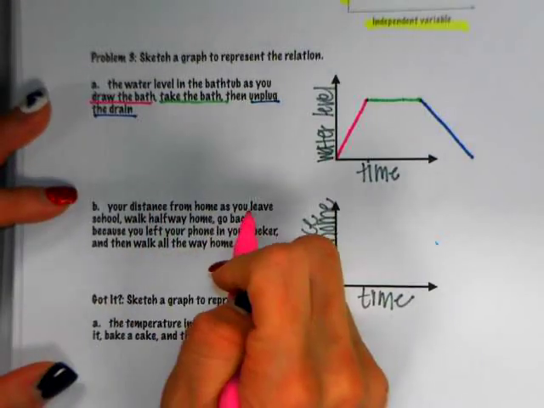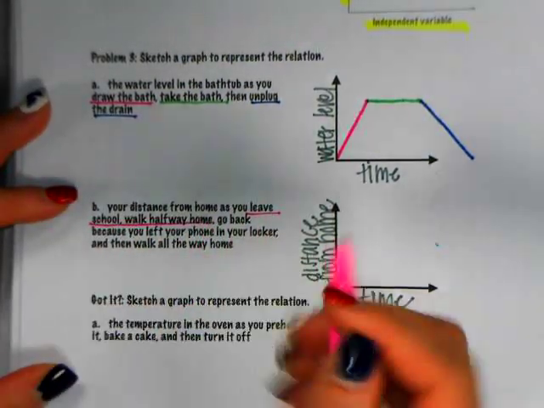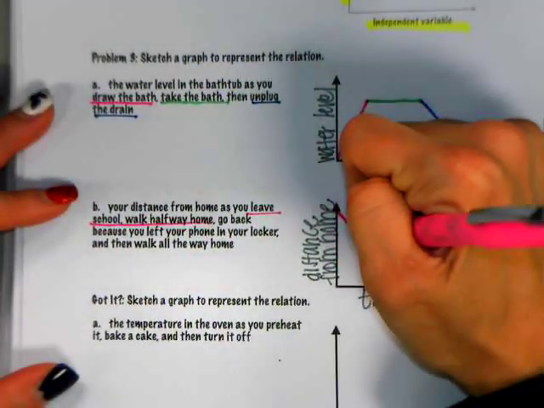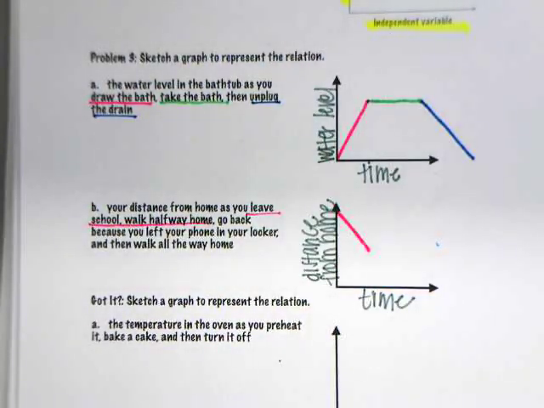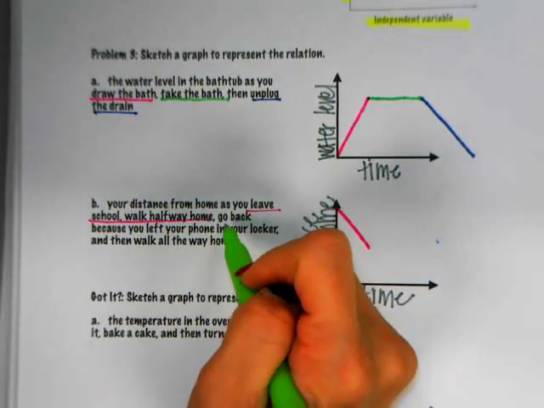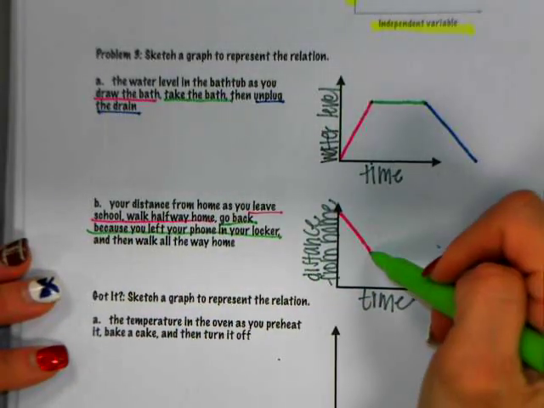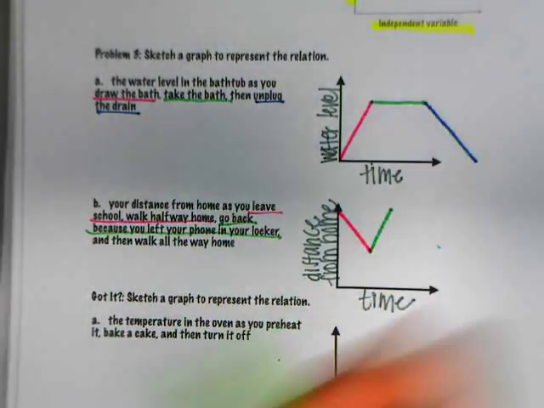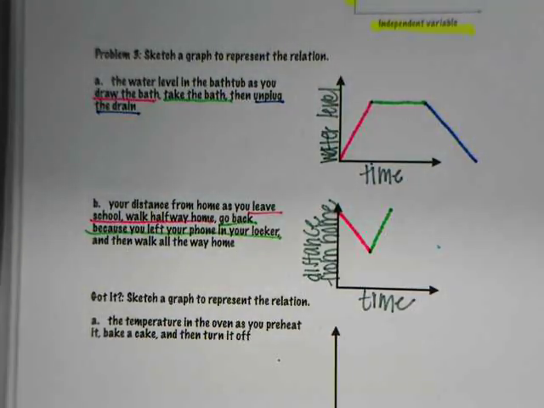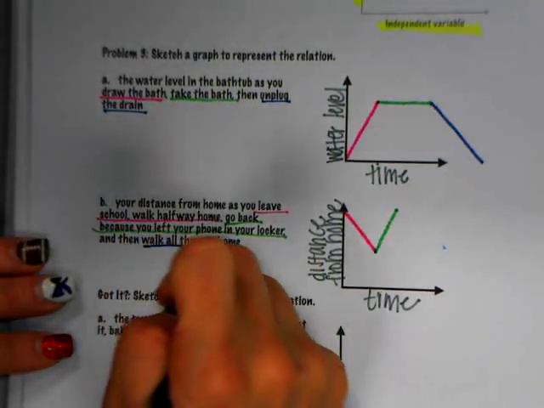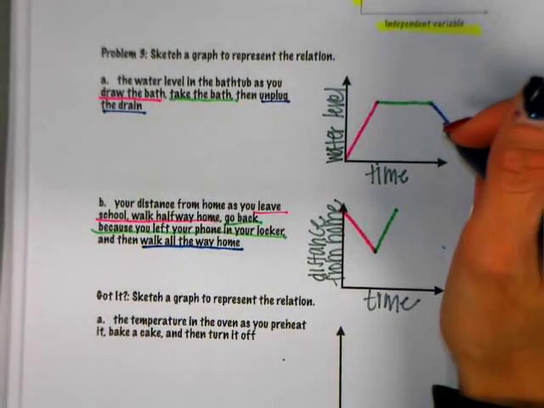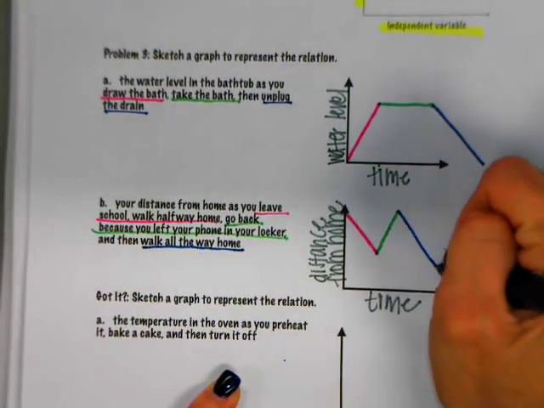So I'm leaving school and walking halfway home. So we're going to walk about halfway down. Then you have to turn around and go back because you left your phone in your locker. So you're going to switch again and go back to the same distance you were before at the school. And then you're going to walk all the way home. So what's that going to look like? Just go straight down. Yep, all the way down to there.